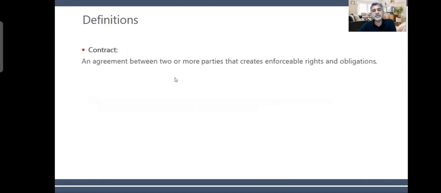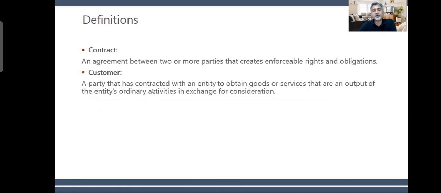Definitions we need to learn under this standard. A contract is an agreement between two or more parties that creates enforceable rights and obligations. Customer: a party that has contracted with an entity to obtain goods or services that are an output of the entity's ordinary activities in exchange for consideration.